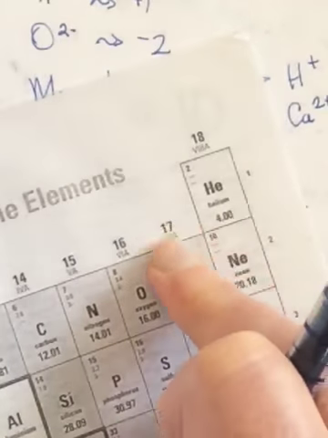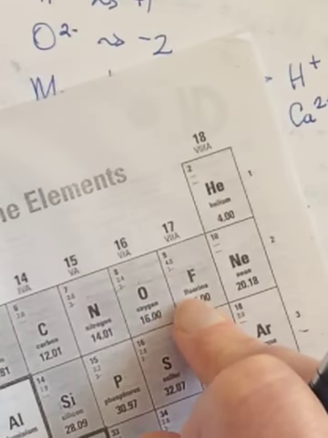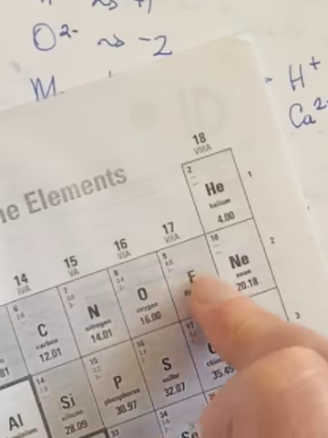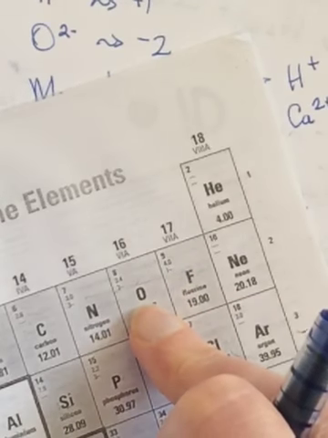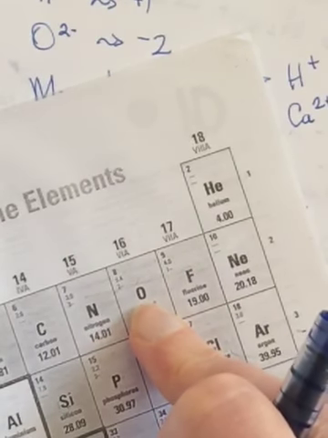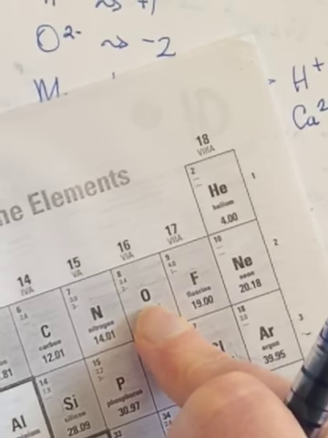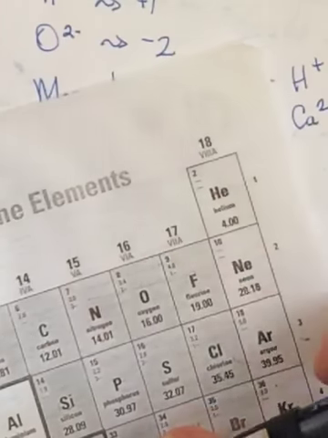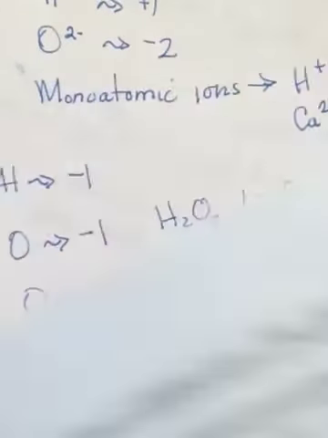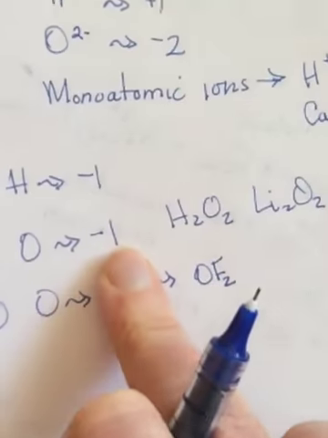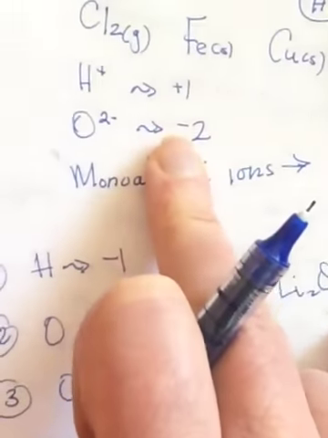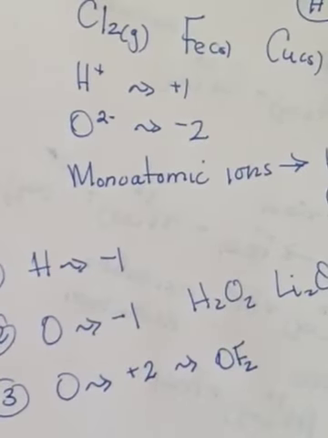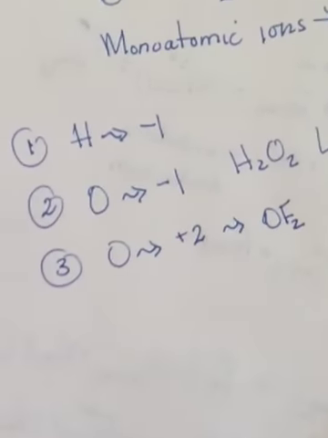It is the only element on the periodic table that has a higher electronegativity than oxygen, so the only time oxygen doesn't win in that tug of war is when it's with fluorine. So with fluorine, it'll be positive 2. If it's in a double bond, it'll be negative 1. And every other time, it will be negative 2.